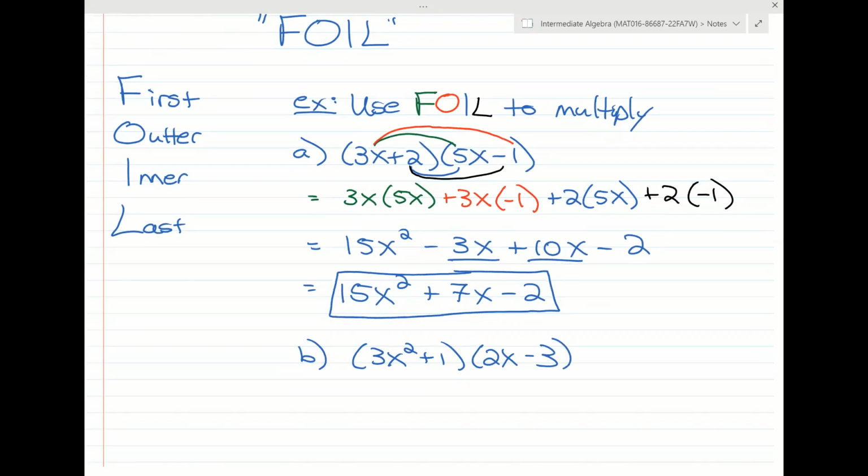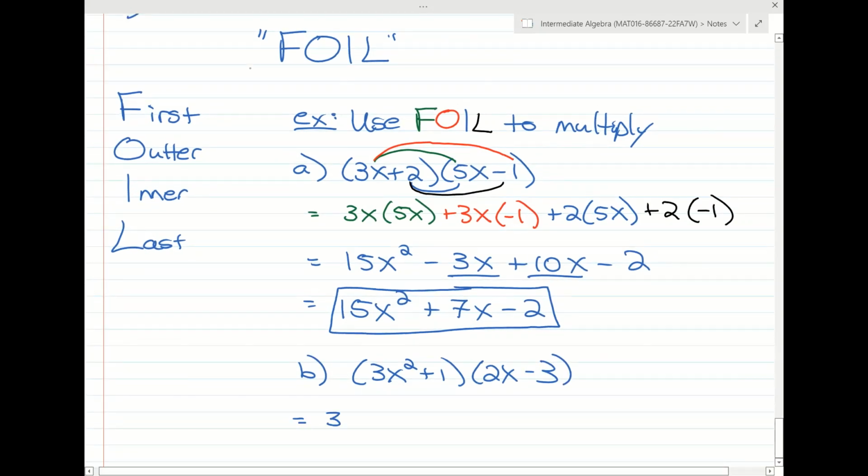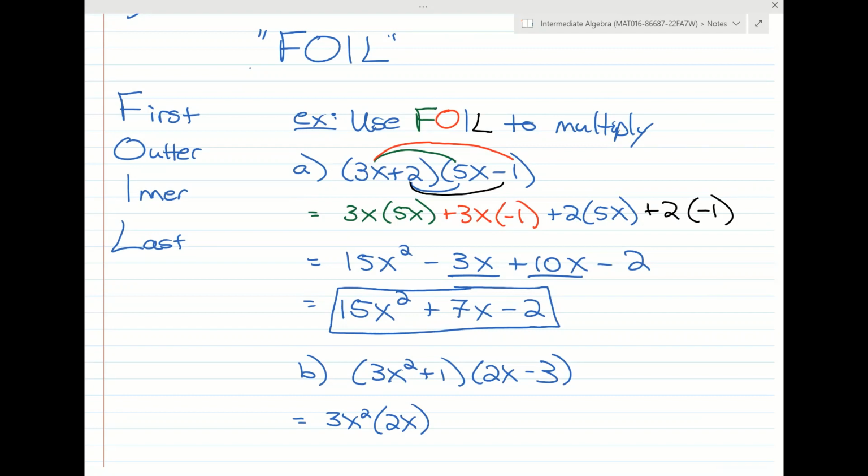We'll multiply our first terms together. 3x squared times 2x. So we'll multiply the outer terms together.